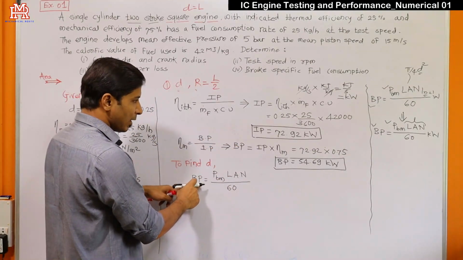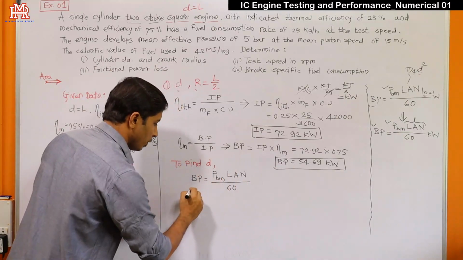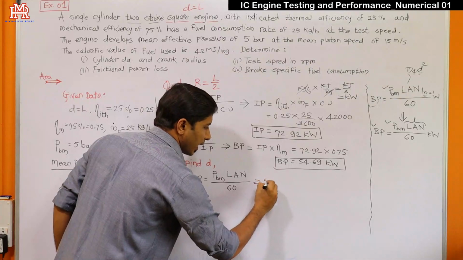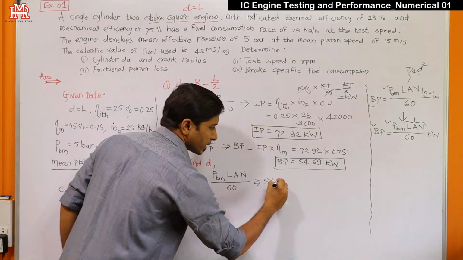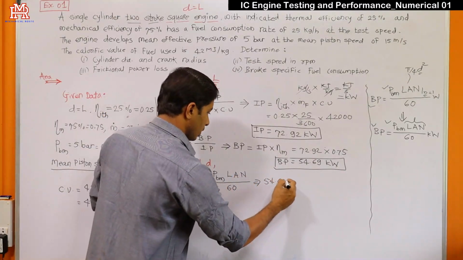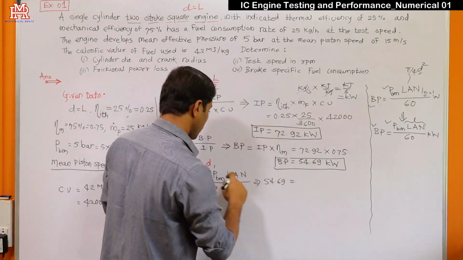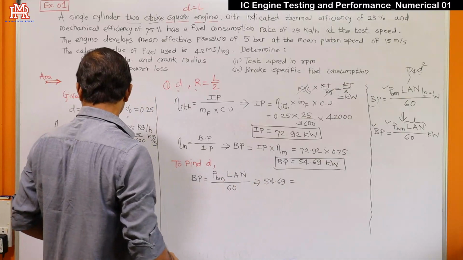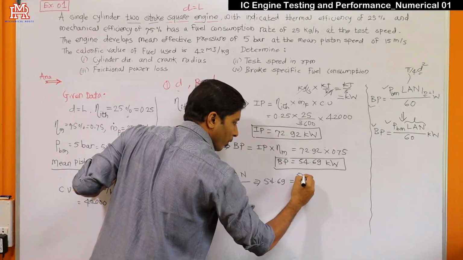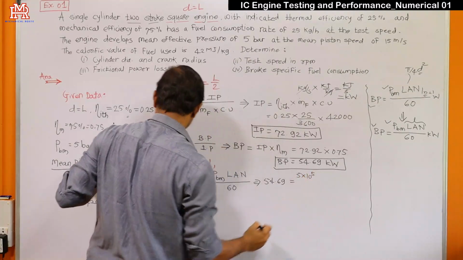Now you have to use the values. So brake power, the value is 54.69 kilowatt, which is equal to PBM, brake mean effective pressure, 5 into 10 raised to 5.